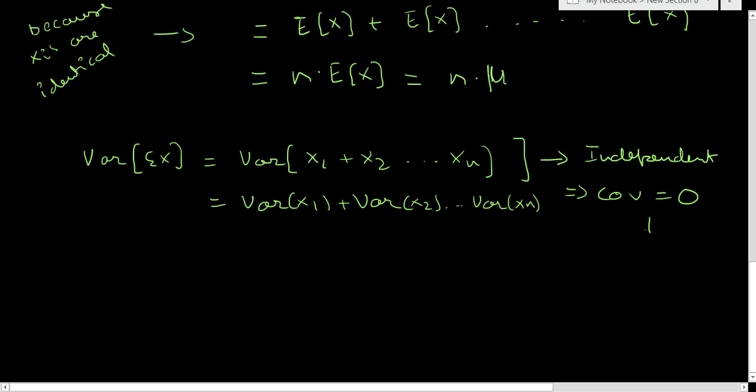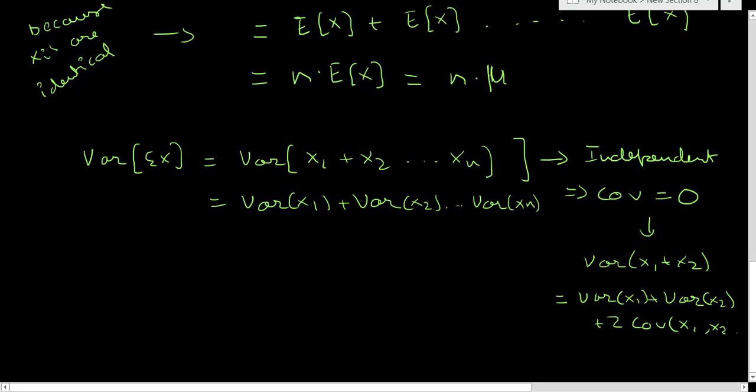The reason for this is that the variance of x1 plus x2 is usually equal to the variance of x1 plus the variance of x2 plus 2 times the covariance of x1 comma x2. So this is the formula, but since these are independent terms, this term goes away. So I can just cancel this out, and I just have the added variance of the two terms. As these are independent, I can just add them.